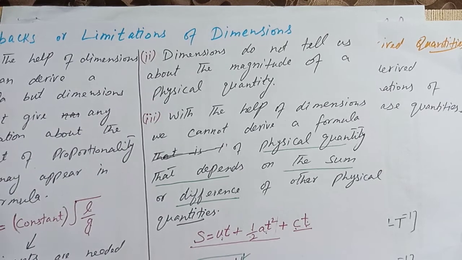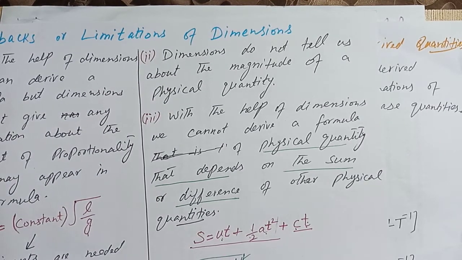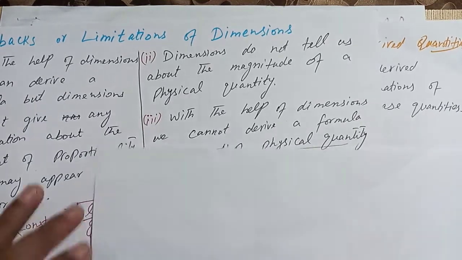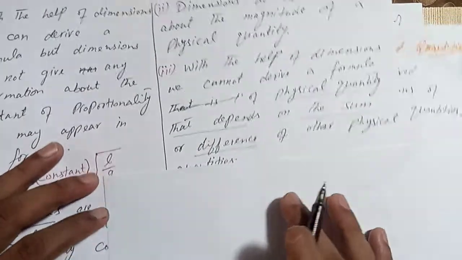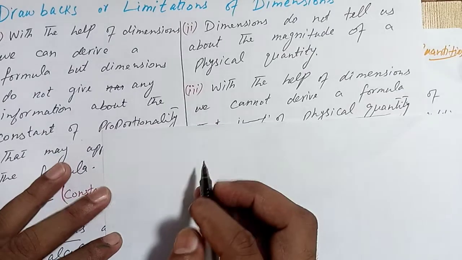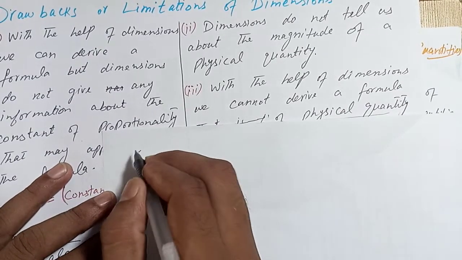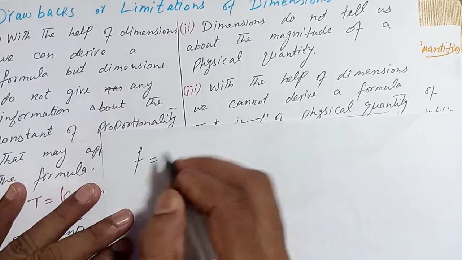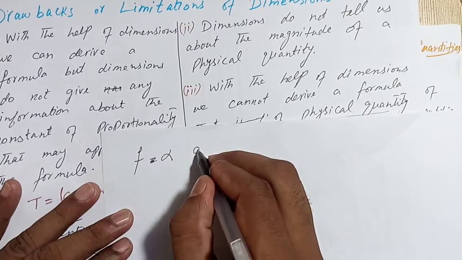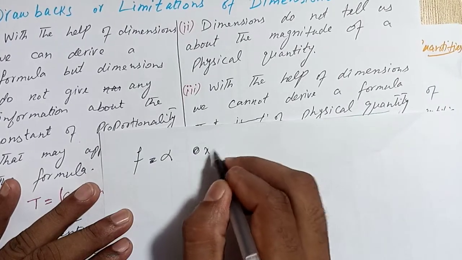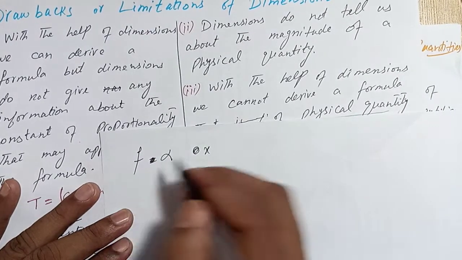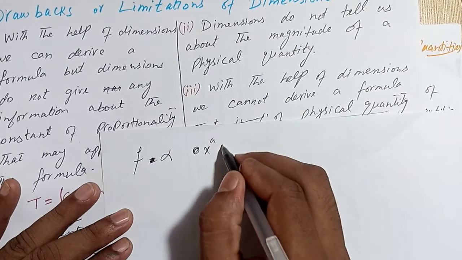For example, I discussed it here dimensionally. We can derive a formula in which a physical quantity depends on other physical quantities that are being multiplied.